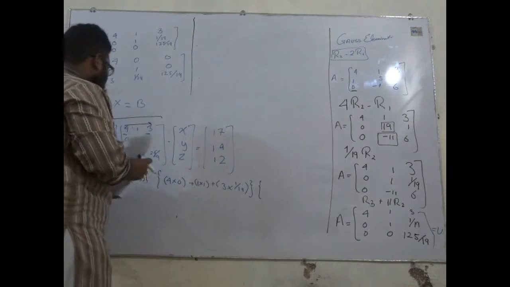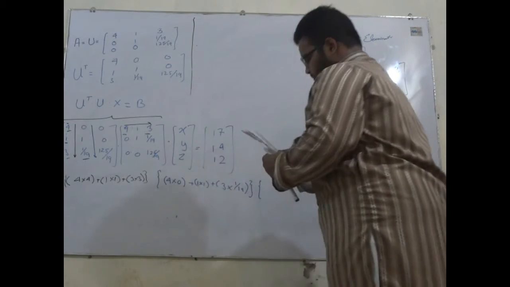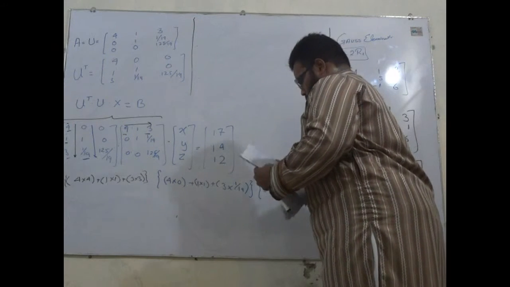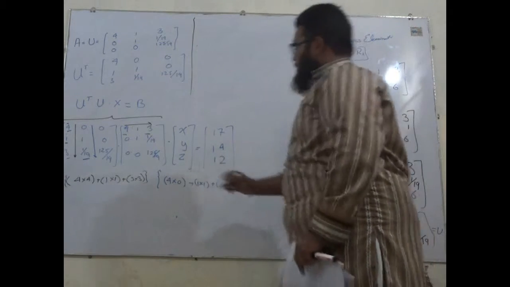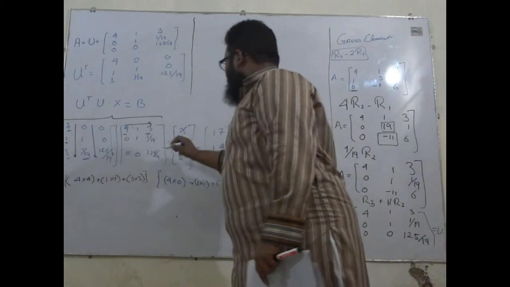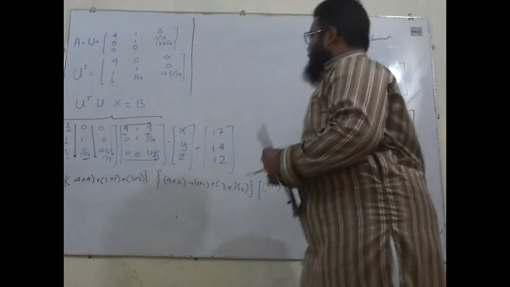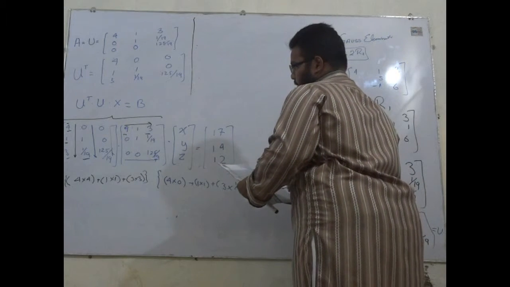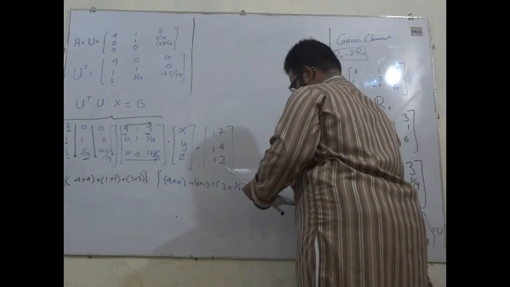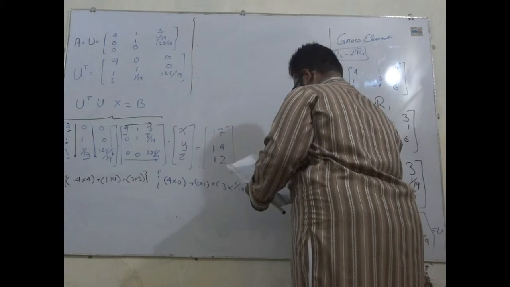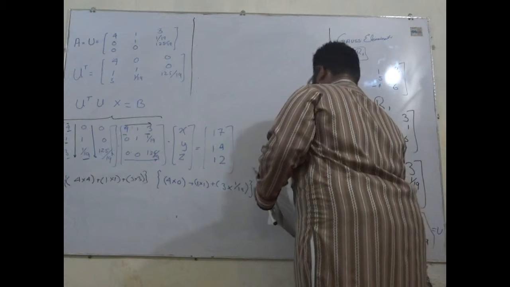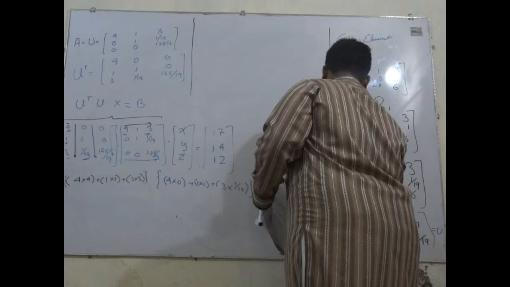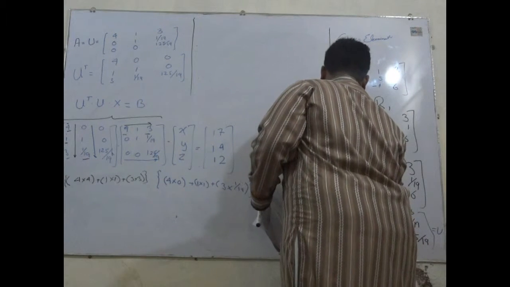Now for the third one, which is equal to 4 into 0. So 1 into this by this. 4 into 0, and then next we have 1 into 0, and last we have 125 over 19 into 125 over 19.